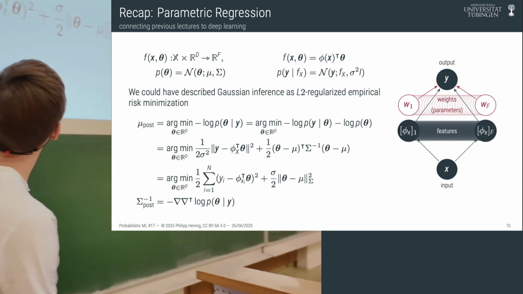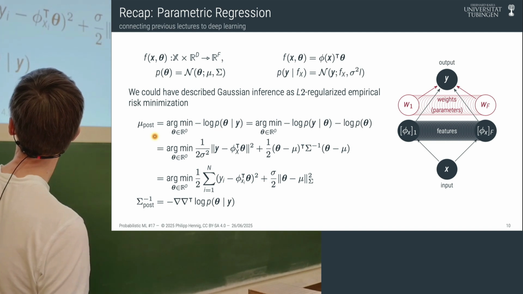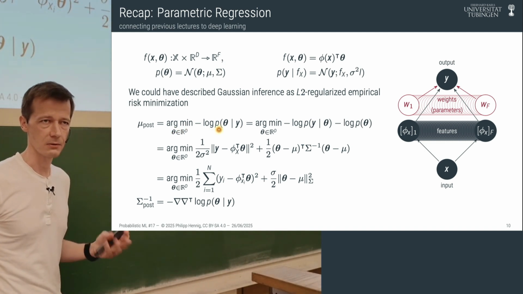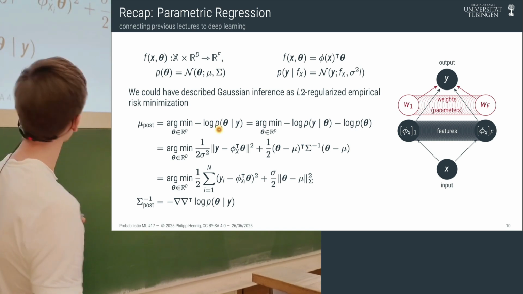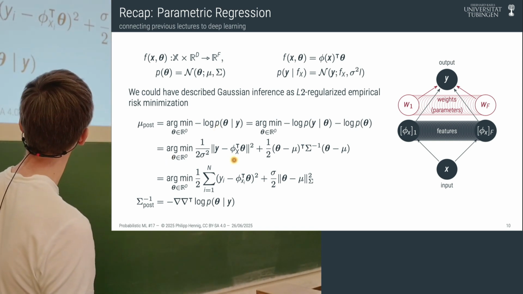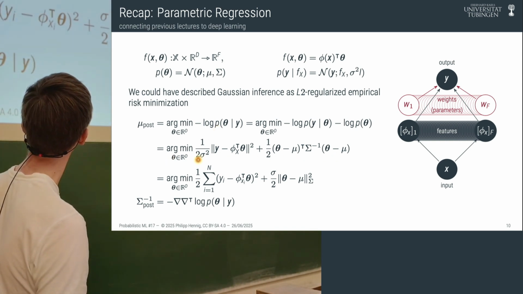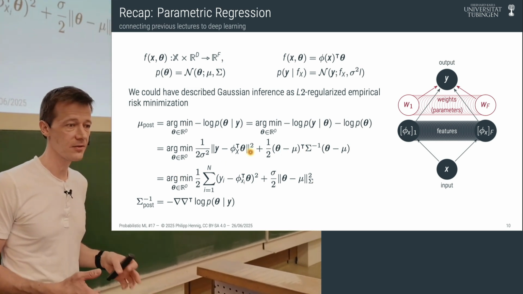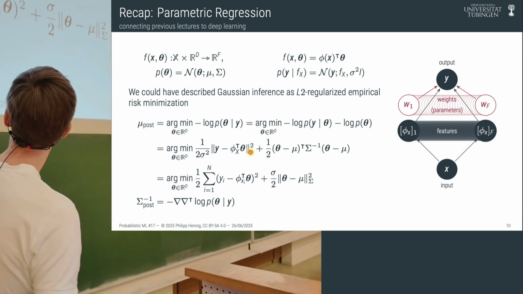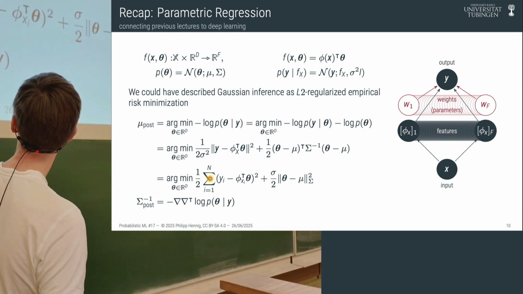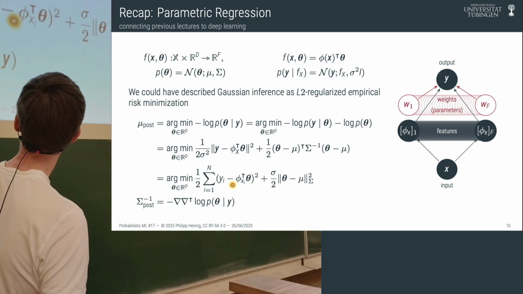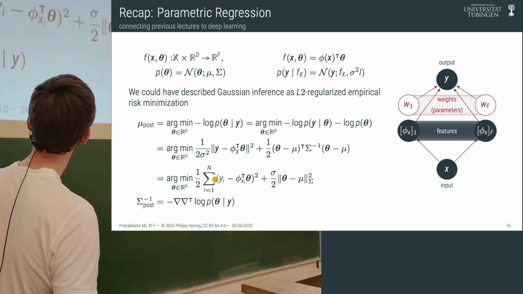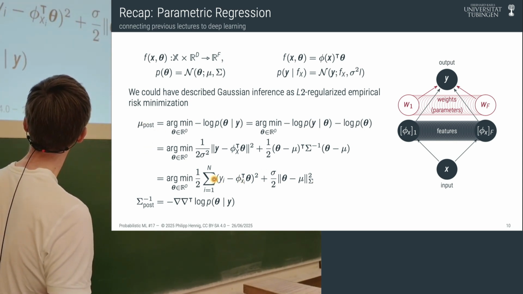So we can think of the posterior mean as the minimizer of the negative log posterior, the maximizer of the log posterior, which, if we write down the actual terms in these Gaussian prior and likelihoods, is the minimizer of a sum of two quadratic functions in theta. And that happens to have this shape. So if we set theta to mu posterior, then we get a zero gradient here.